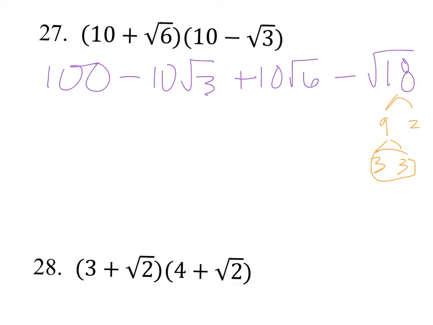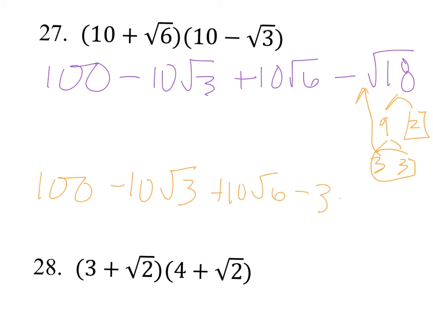So when I'm rewriting this, 3 would come out, and the 2 stays inside. So I have my 100 minus 10 square root 3 plus 10 square root 6 minus 3 square root 2. And when I'm looking at these, none of these are the exact same root. None of these can be simplified together.